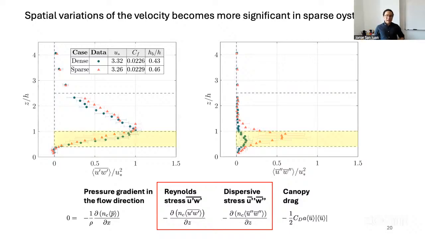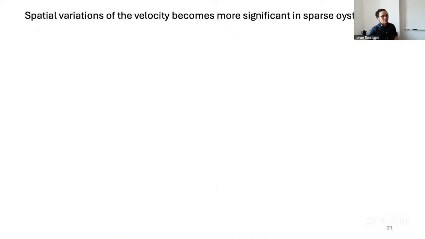They participate in the canopy region, right below the top of the canopy, in that part where the Reynolds stress and the dispersive stress are competing in the momentum. That's the part where it's going to be important, and we're going to see that when we looked into this balance of the momentum.